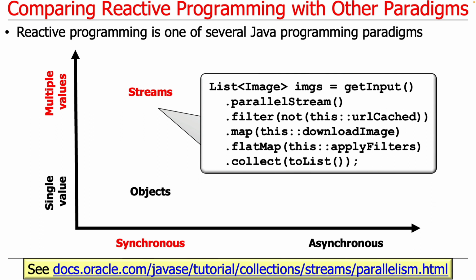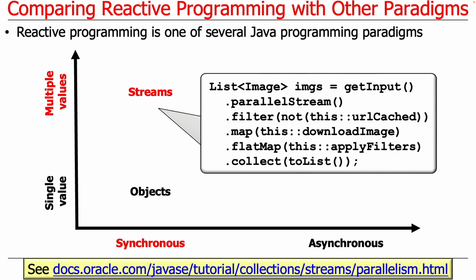Another approach is to have synchronous computations, just like we did with objects, but allow multiple values. And of course, that would be the streams model. And in fact, the parallel streams model basically says, I'm going to take a bunch of inputs, and in parallel, I'm going to apply various operations on them. I'm going to filter them, I'm going to map them, I'm going to flat map them.